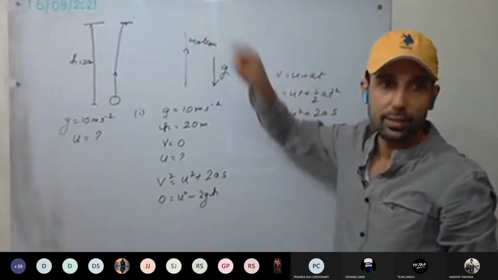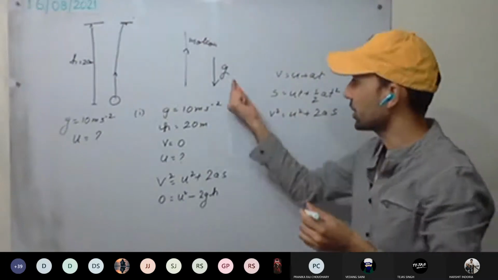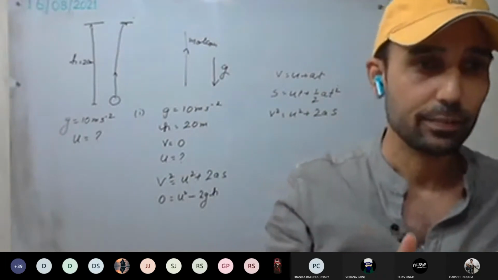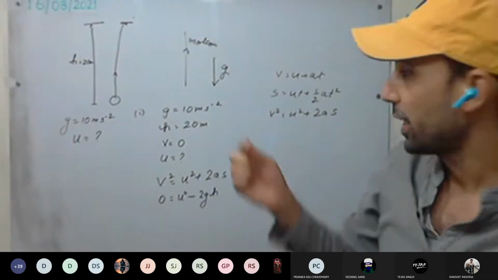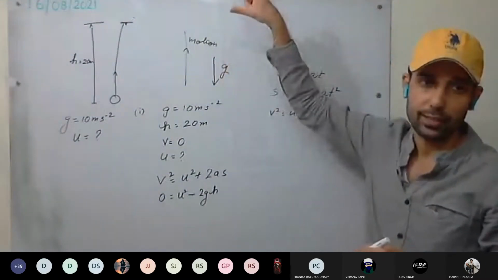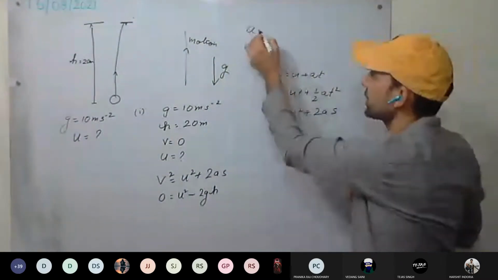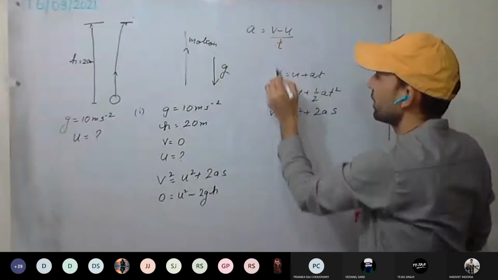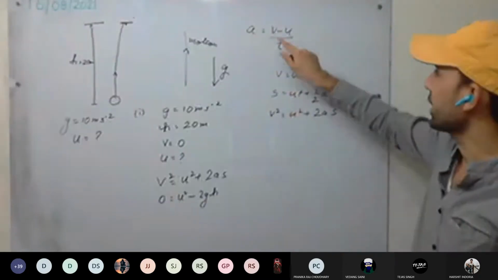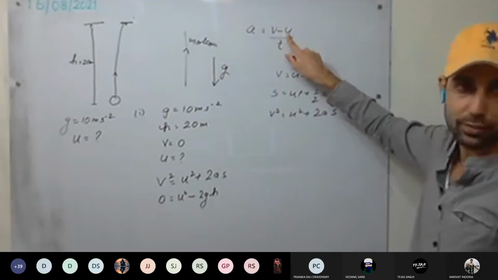Always remember the acceleration sign. It denotes the increase or decrease in velocity. A plus sign denotes that velocity is increasing. This we all studied: acceleration equal to v minus u by t. If we get a positive value, it means velocity is increasing, that is, final velocity is always more than initial velocity.